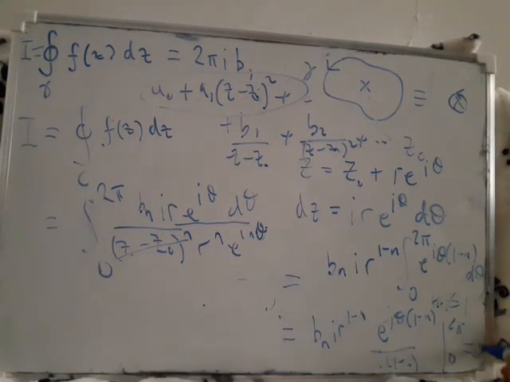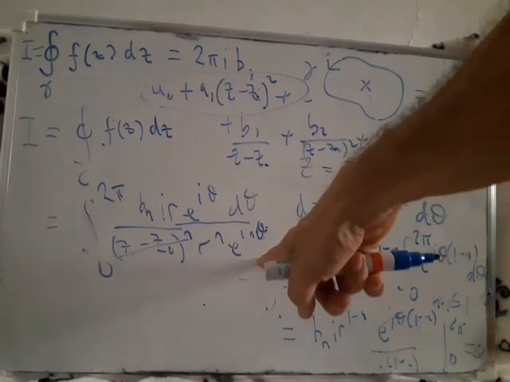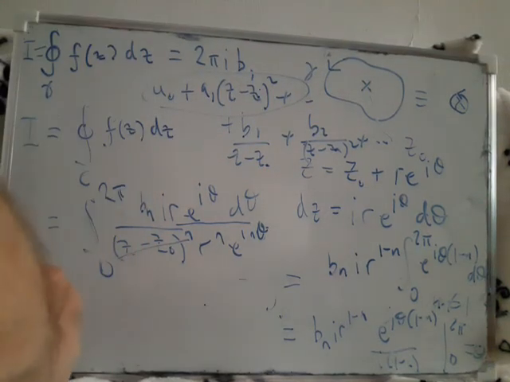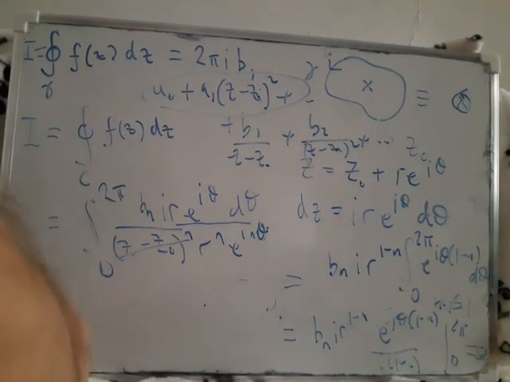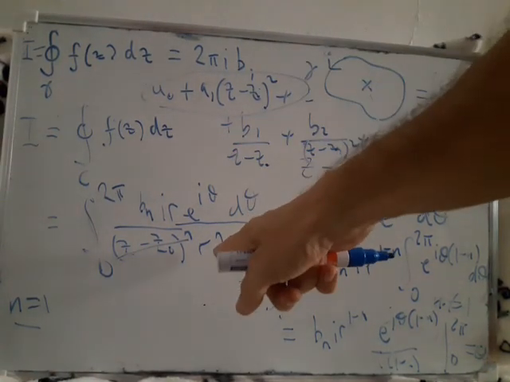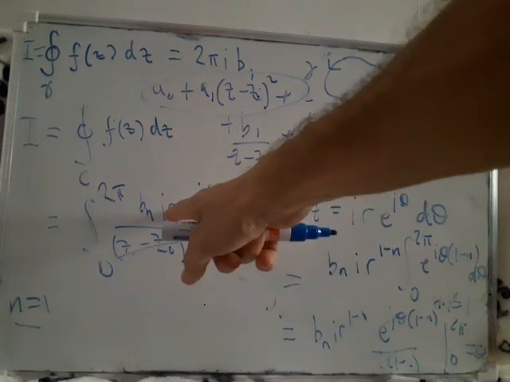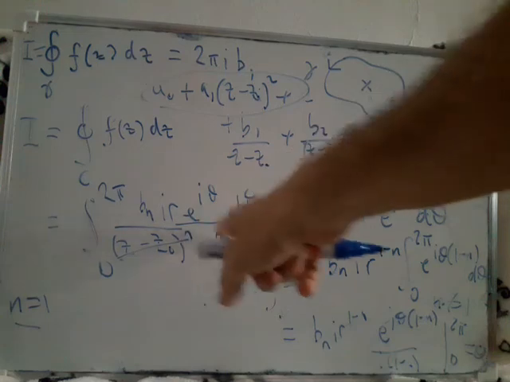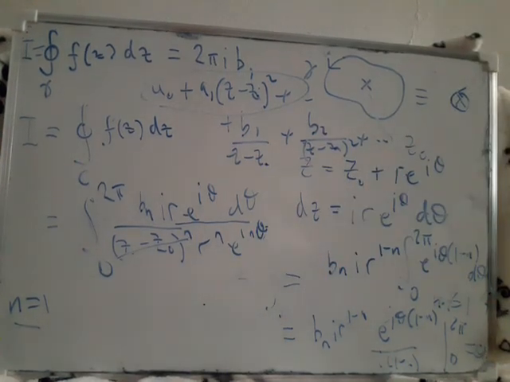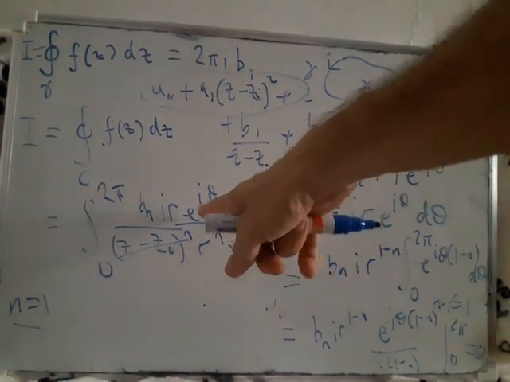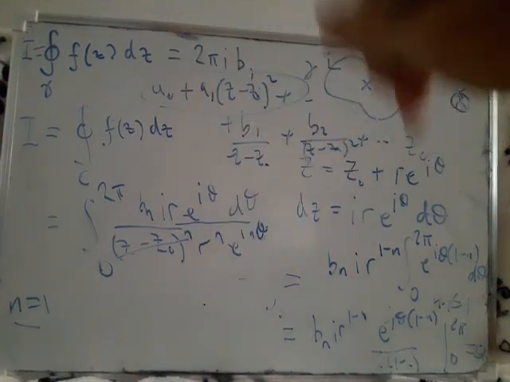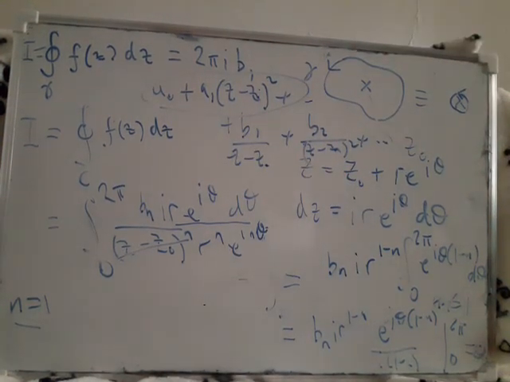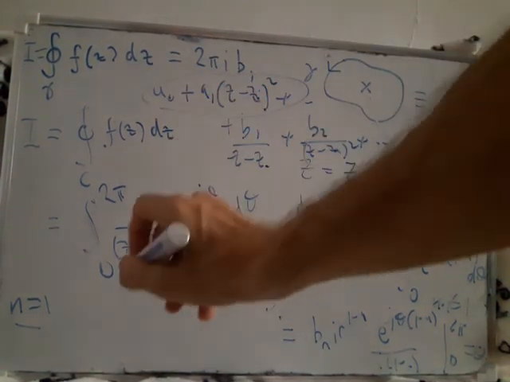If n is not 1, this is 0. But if n is 1, what happens? If n is 1, the r's cancel, and e to the i theta cancels e to the i theta. So the only thing you have left is b1 times i.